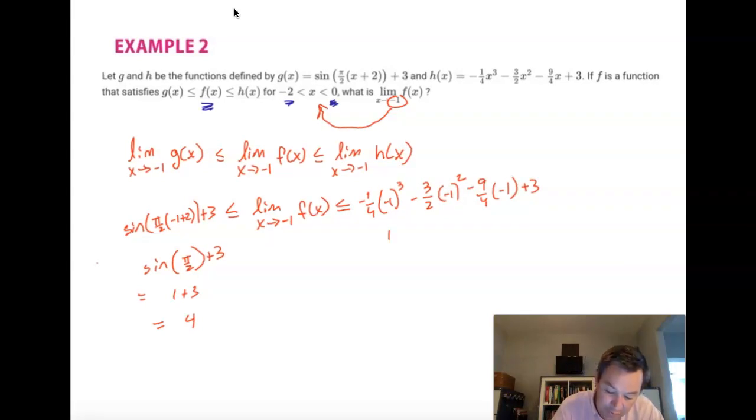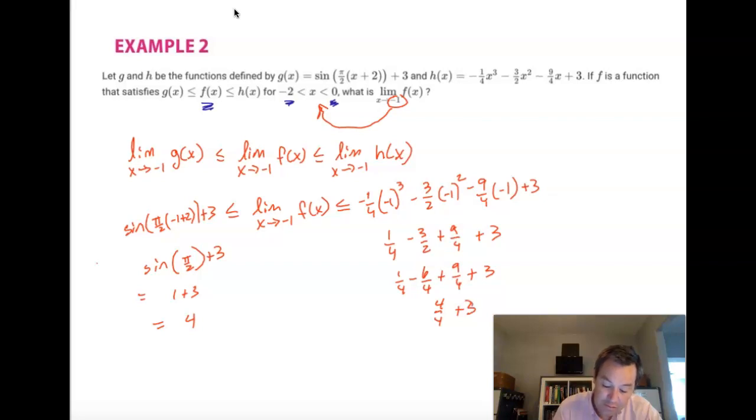That's going to be positive 1/4 minus 3/2 plus 9/4 plus 3. So that's 1/4 minus 6/4 plus 9/4 plus 3. All right, well that's 4/4 plus 3. So that's 4. All right, so what I've come up with then is that my limit must be between 4 and 4.